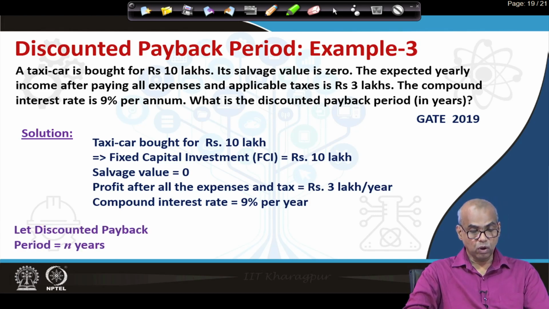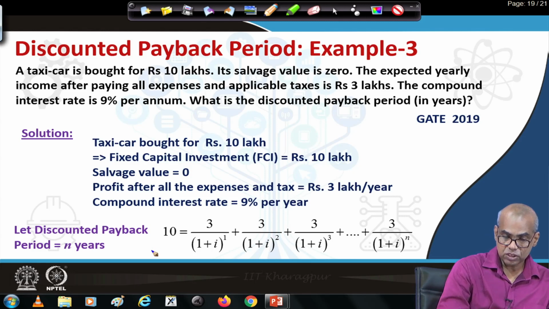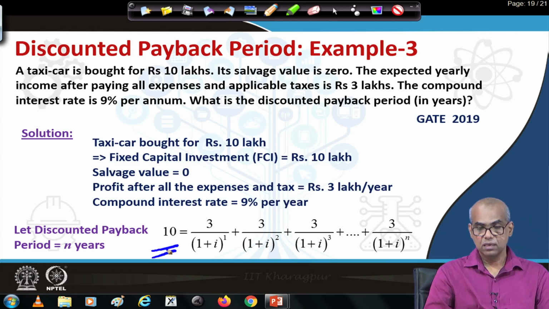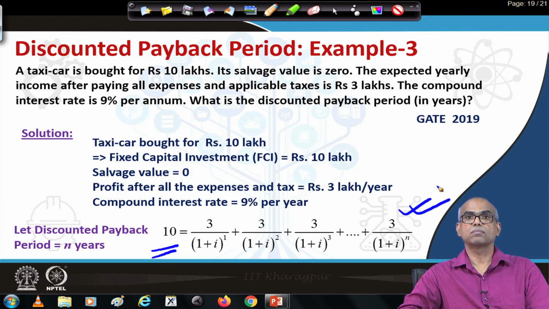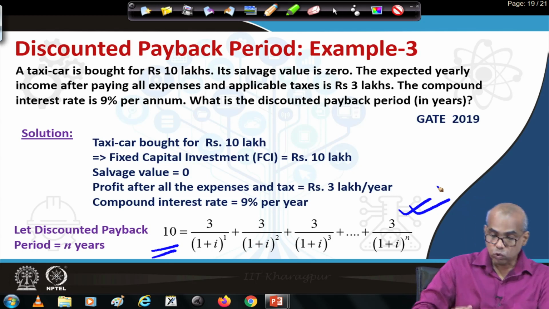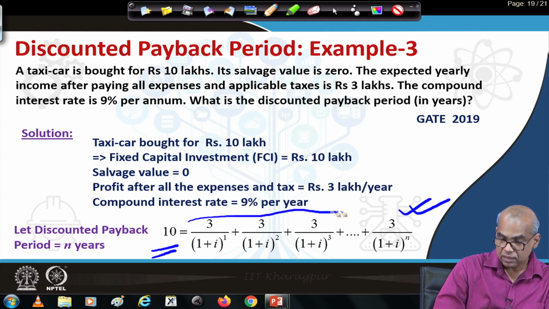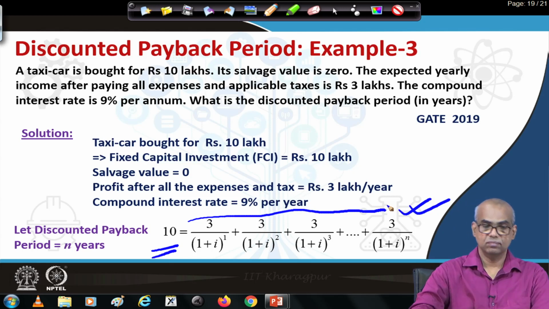So, if we consider the discounted payback period is n years, then basically this 10 lakh will be equal to sum of this series. So, you have to find out for which value of n this series sums up to 10 lakhs.